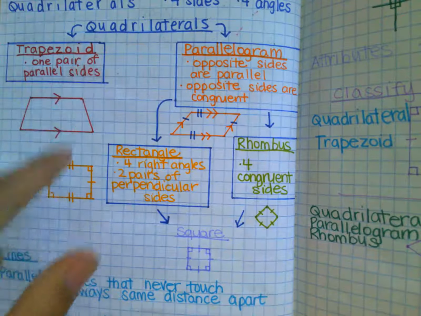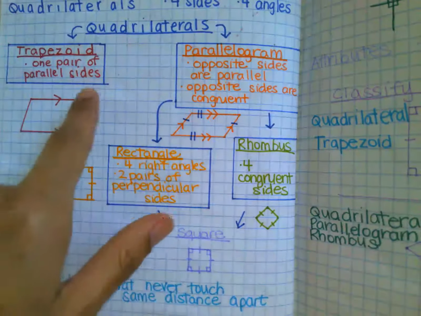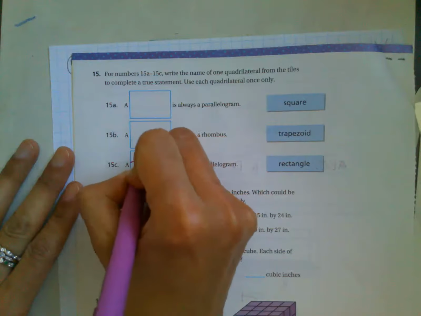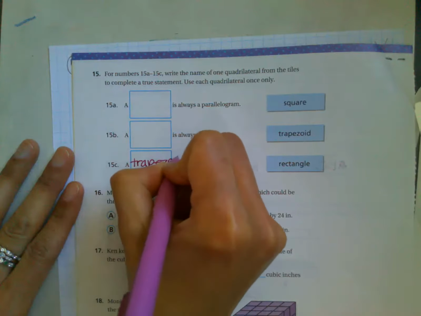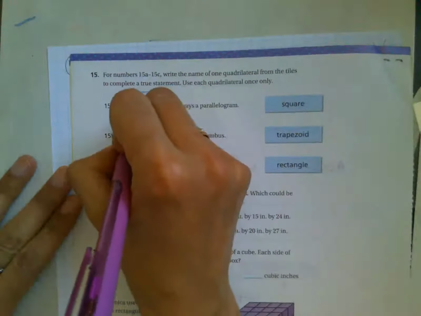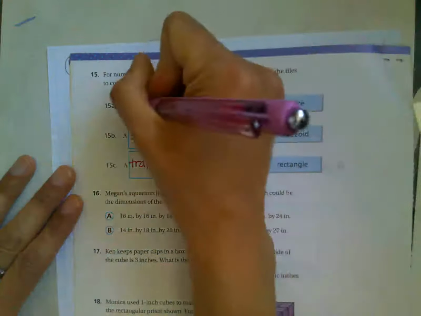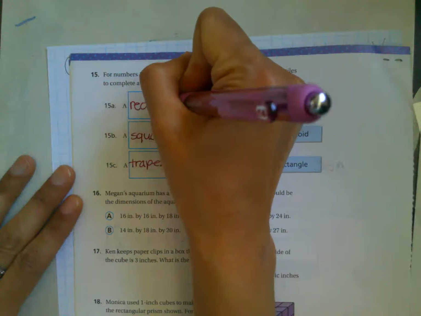So that means a trapezoid is never a parallelogram, because a parallelogram has opposite sides parallel and a trapezoid only has one pair of parallel sides. So I'm just going to jump to C and know that a trapezoid is never a parallelogram. A blank is always a rhombus. Well, we know that a square is always a rhombus, because we know a rectangle can't be a rhombus. So a square is always a rhombus, and then a rectangle is always a parallelogram that has two sets of parallel lines.